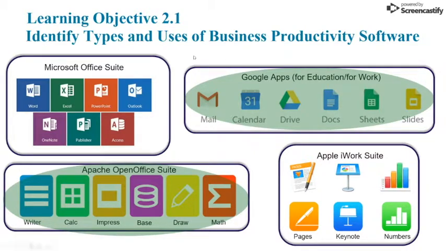Again, Google Apps are free, and another competitor to Microsoft and Apple iWork is the OpenOffice suite. Again, a series of business productivity software that are used in most office settings. And with these programs, you'll be able to accomplish the majority of office bookkeeping and other managerial tasks.